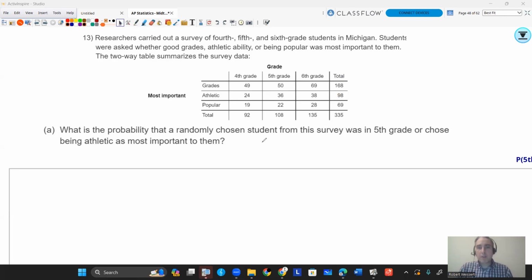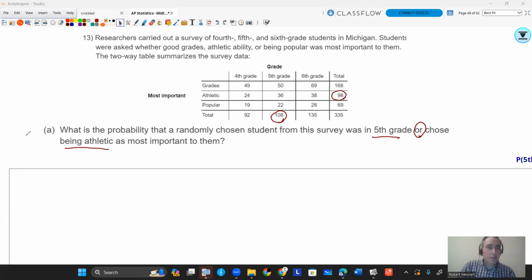What is the probability that a randomly chosen student from this survey was in 5th grade or chose being athletic as most important to them? When you talk about 5th grade or athletic, we're talking about all the 5th graders and all the athletic.